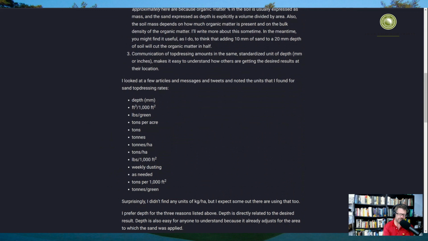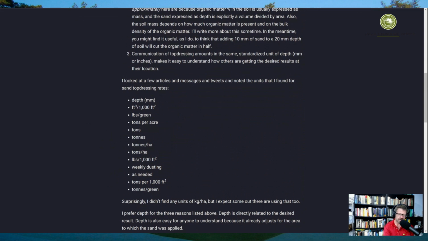Tons with two N's per hectare. Tons, T-O-N-S per hectare. Pounds per 1,000 square feet. Weekly dusting as needed. Tons per 1,000 square feet. This tons is T-O-N-S. And then tons with 2 N's per green.